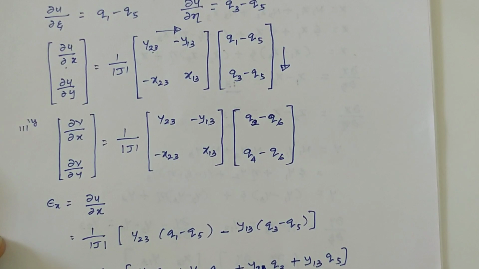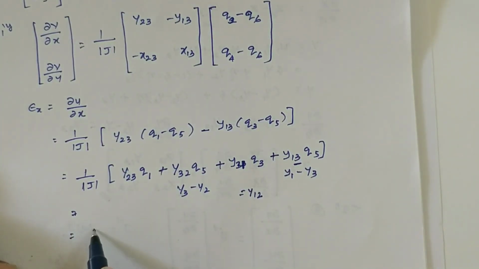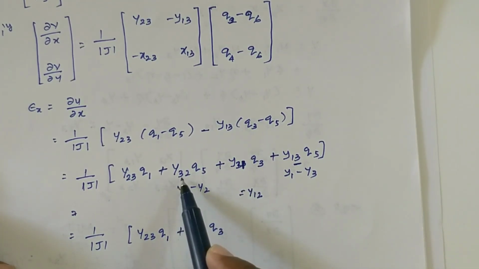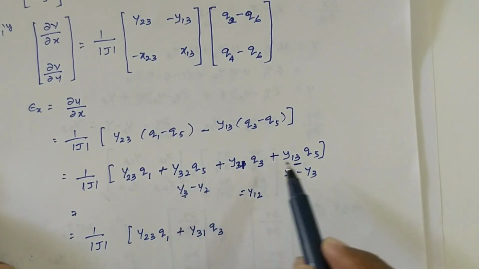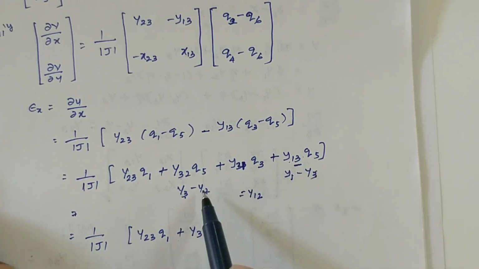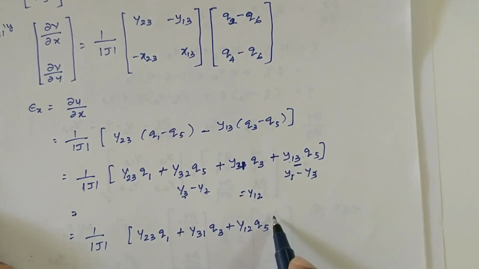So on simplification, we can represent this as 1 over determinant of J into y23 q1 plus y31 q3 plus y12 q5.